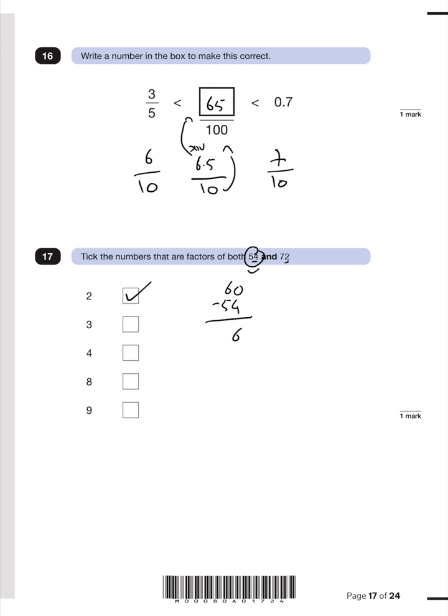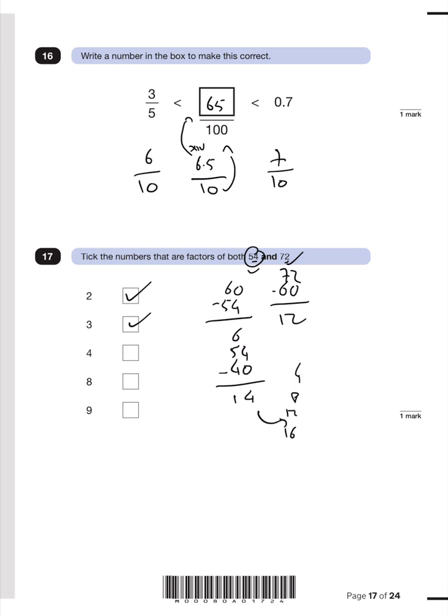72. Well, if I've got 60 again, to get to 72, the difference is 12, and 12 divided by 3 is 4. So yes, that works. 4. If I have 40 and I need to get to 54, I would need to add another 14, and the 4 times table is 4, 8, 12, 16.